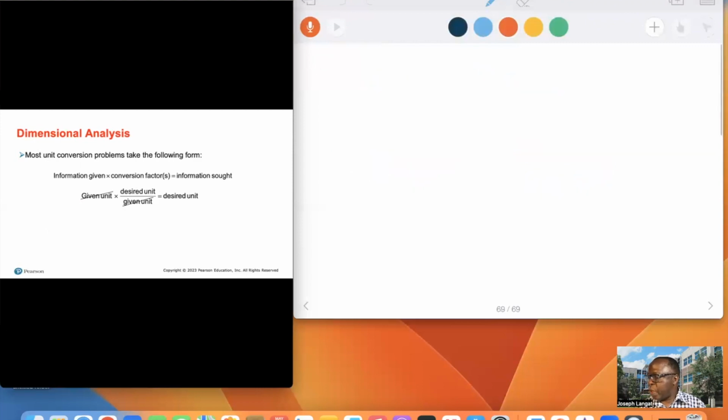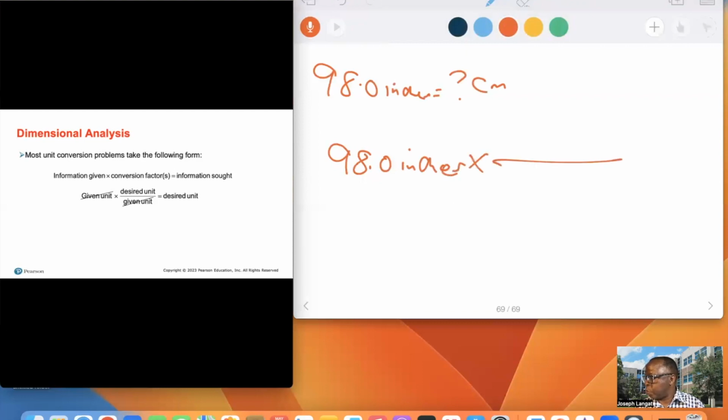Take note that if I have 98.0 centimeters and you set up your conversion factor the other way around, so that you don't cancel the units and then you multiply that, it's going to give you a different answer.